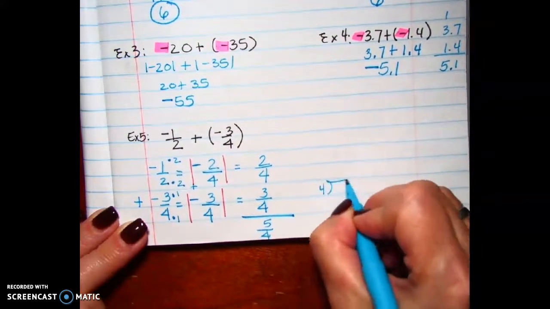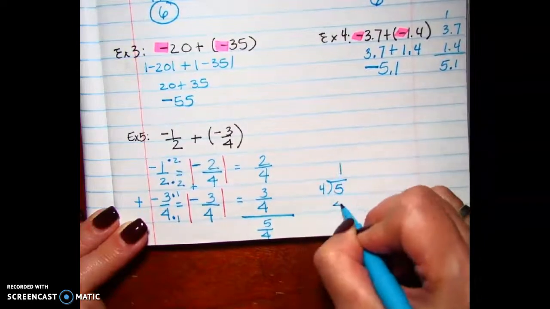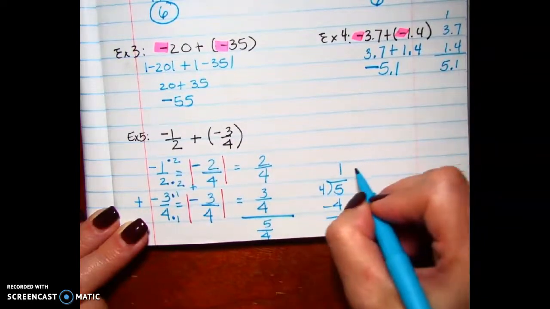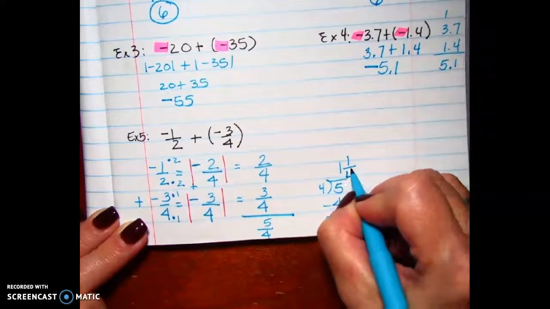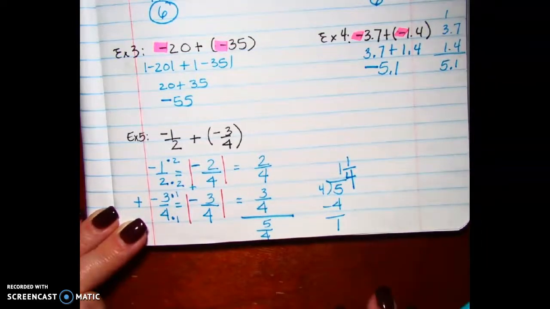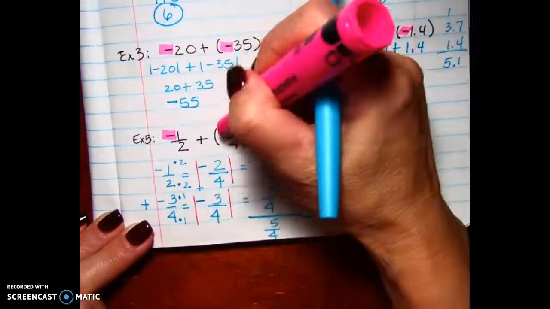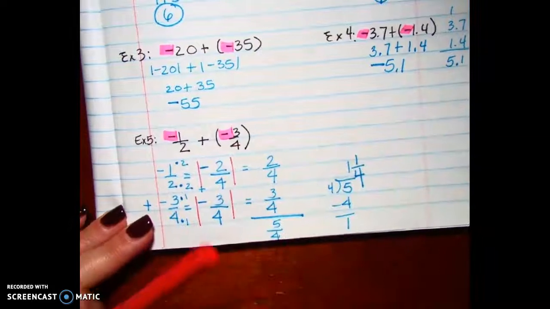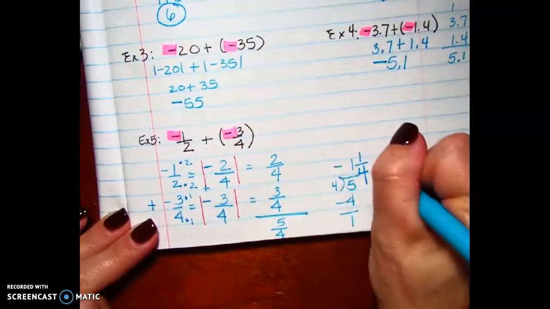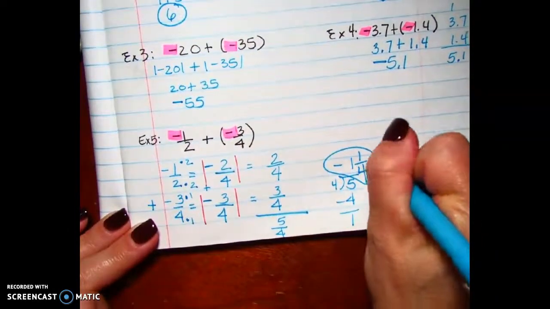And then I simplify. Now I end up with 1 1/4. However, I'm not done because I need to look at my original. The common sign was negative, so my answer is a negative 1 1/4.